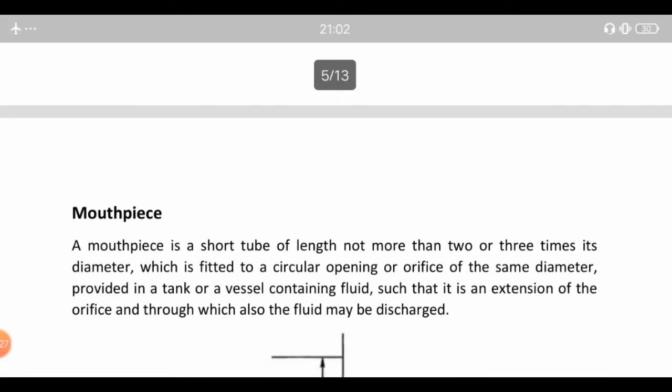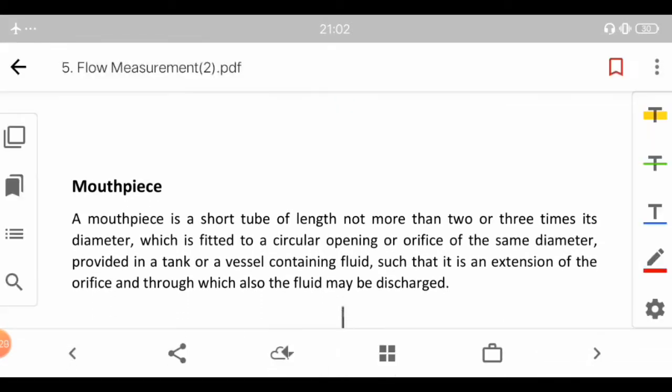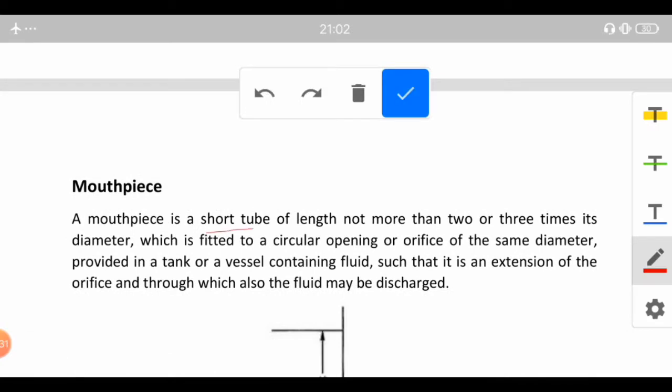Now let's move on to the next flow measuring device, that is the mouthpiece. A mouthpiece is basically a short tube, of length not more than 2 or 3 times its diameter, which is fitted to a circular opening or orifice of the same diameter provided in a tank or vessel containing fluid, such that it is an extension of the orifice and through which the fluid may also be discharged.